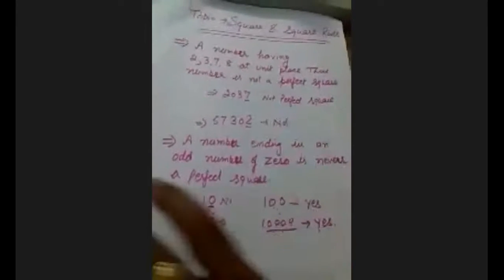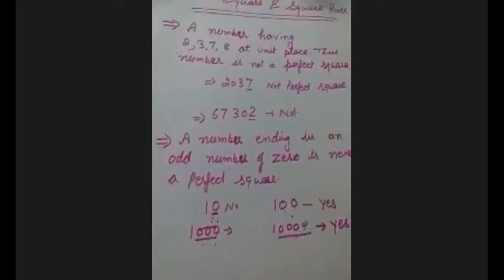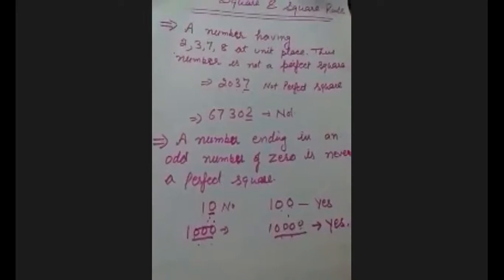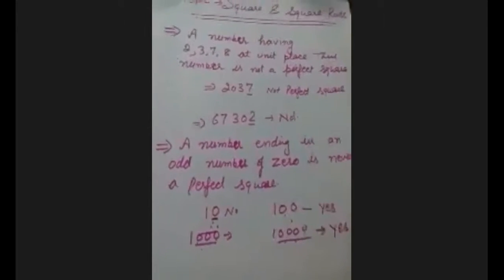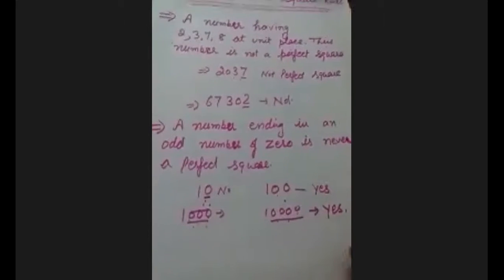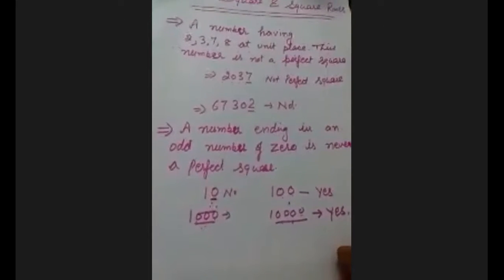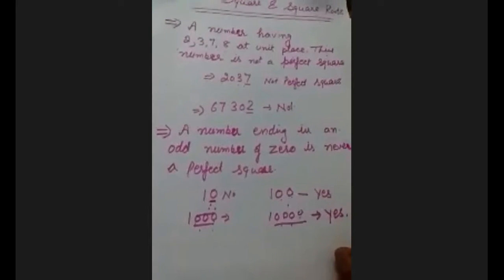Clear, students? So our property is a number ending in an odd number of zeros is never a perfect square. Clear, students?